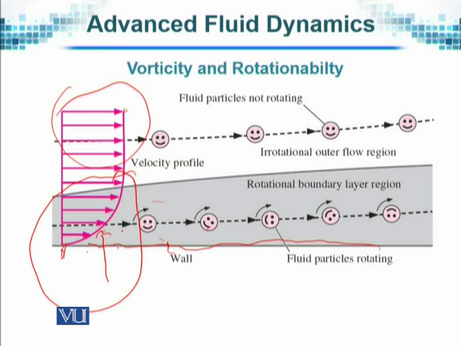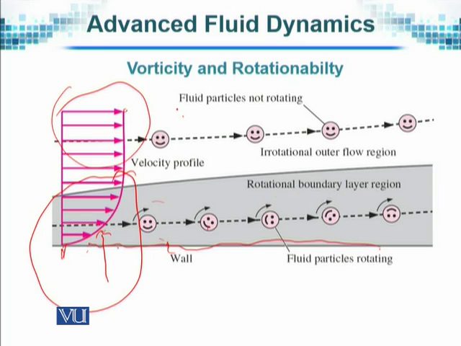If there is no rotation here, but due to viscosity a small rotation is introduced, slowly it rotates, and it continues to rotate. As you go away, the particle is significantly rotating.